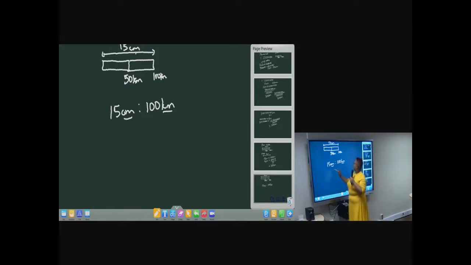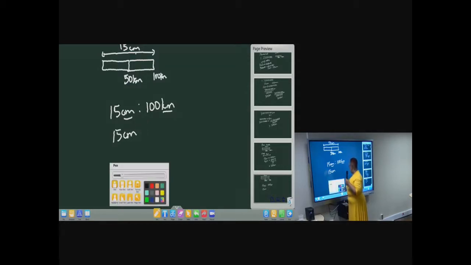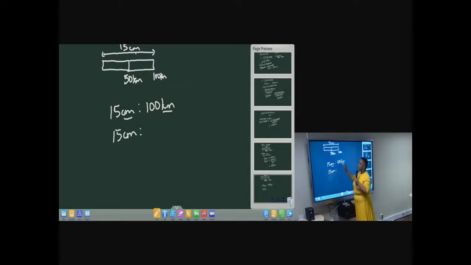Then you need to convert so as to have the same units. We already know that 100,000 centimeters are in 1 kilometer. So you have to multiply these 100 kilometers by 100,000 to get your centimeters. The question was to change a bar scale to a numerical scale.